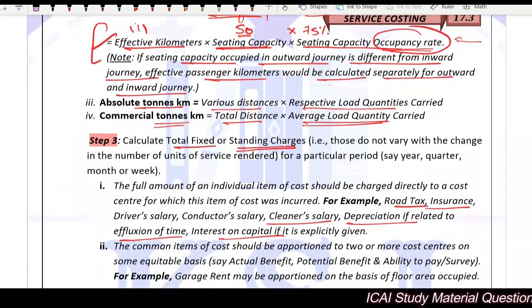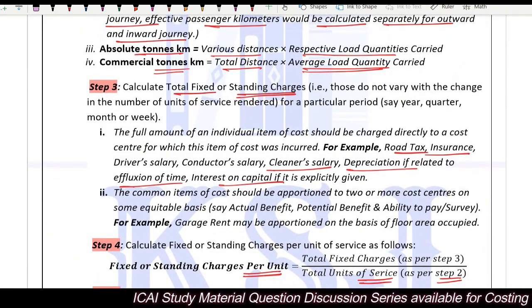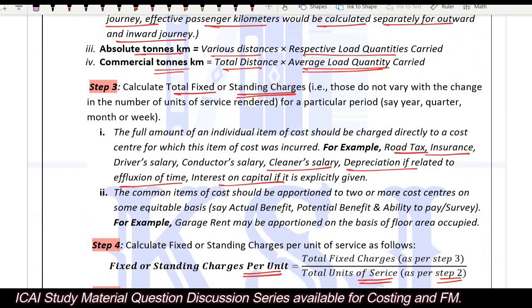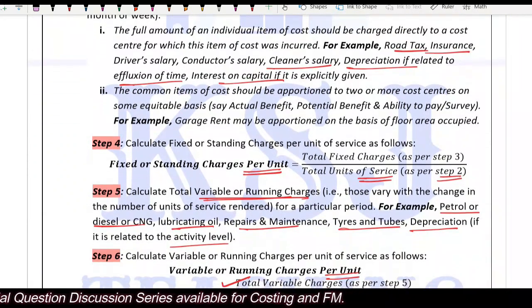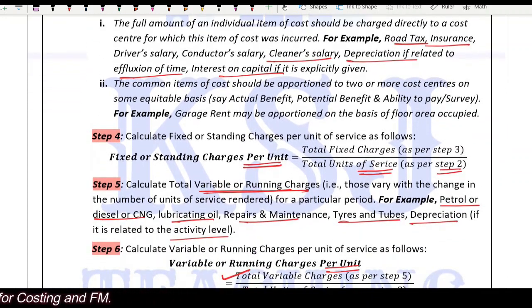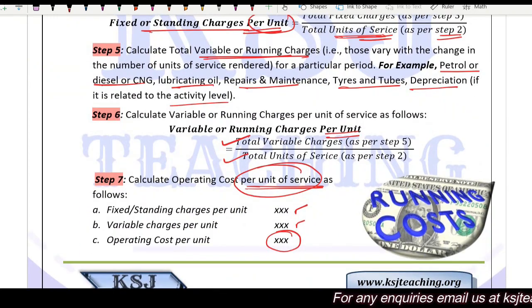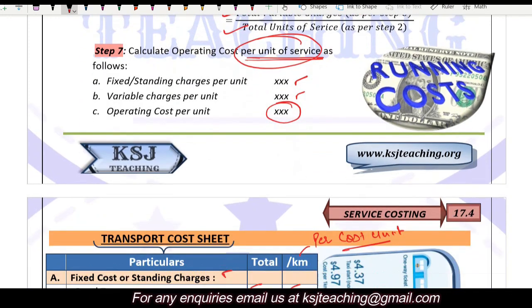Then absolute ton kilometer, commercial ton kilometer, already discussed. Then you have to take the total cost. That is, total cost is divided into two parts. One is fixed cost and the other one is variable cost. Then it should be calculated as total divided by total units. That is fixed or standing charges per cost unit and the variable charges per cost unit, right? Per unit means per cost unit.